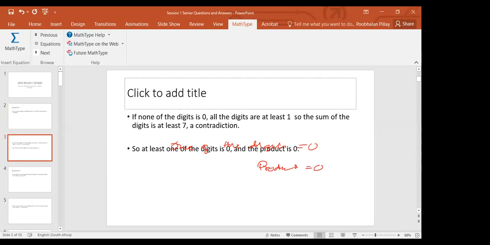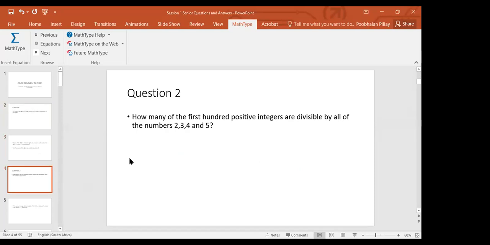The next problem, question 2. Now before I proceed, we put up the questions of session 1 on the web page, and I made an appeal that please look at the questions before coming to the class. I trust that all of you have done that.